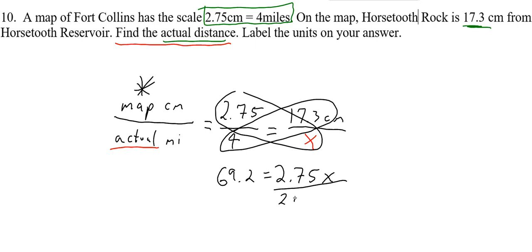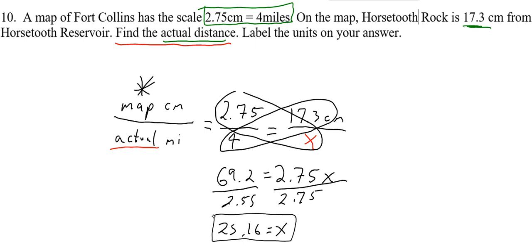Divided by 2.75, divided by 2.75, and I see that I get 25.16 is equal to x. And again, this is my actual, so I need to remember that my units are 25.16 miles as my final answer.